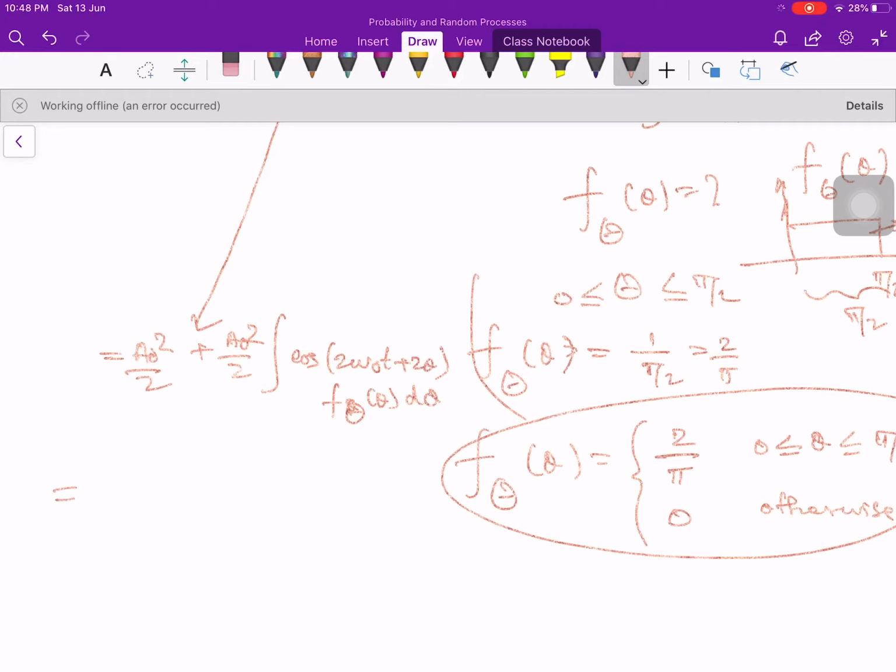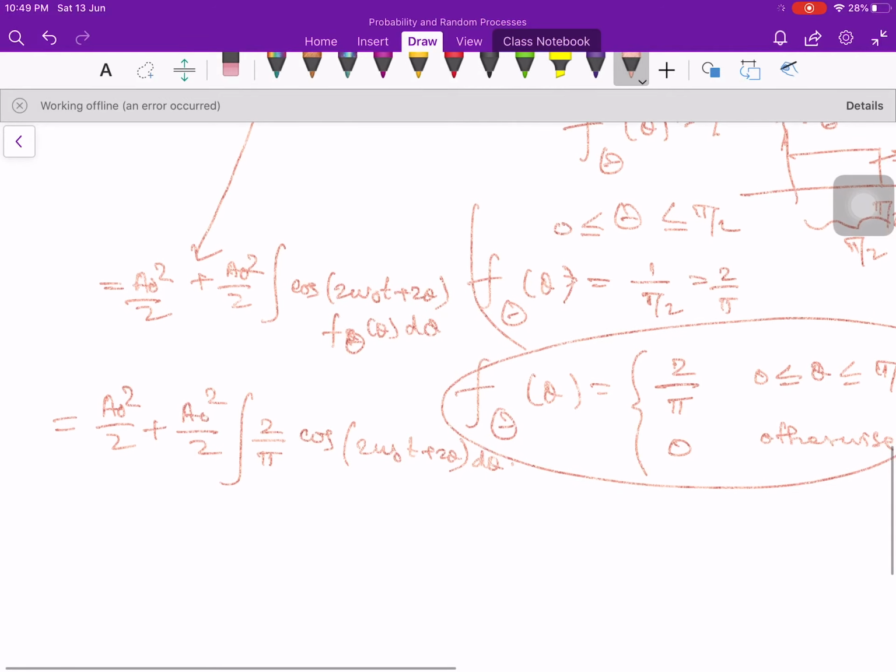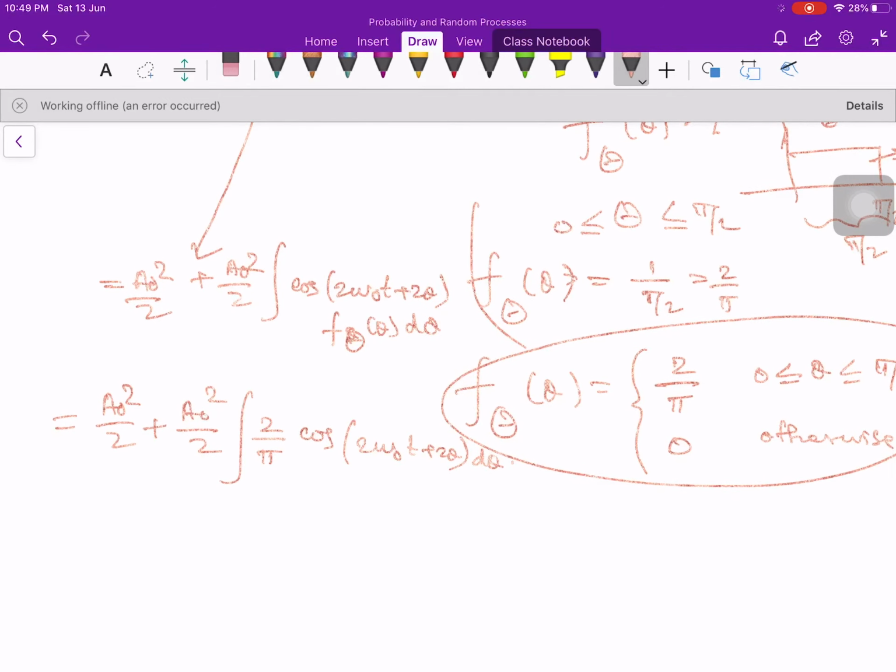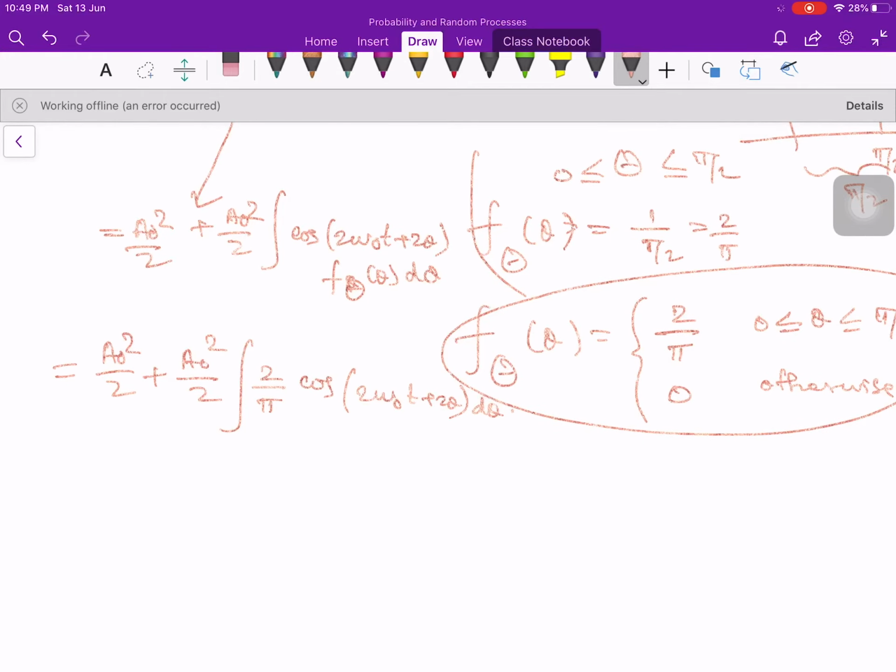So A naught square by 2 plus A naught square by 2 times the integral, where f Theta is 2 by pi. It is a constant, you can pull it out of the integration. Then cos of 2 omega naught t plus 2 theta times d theta, and this is now straightforward. It's a simple algebraic expansion, and the limit is from 0 to pi by 2.